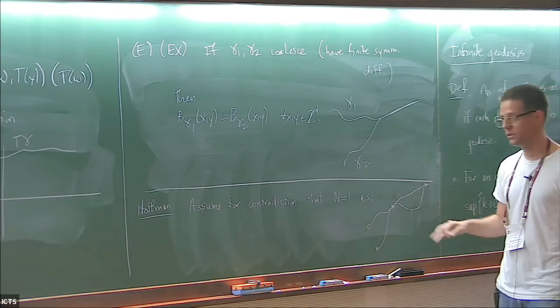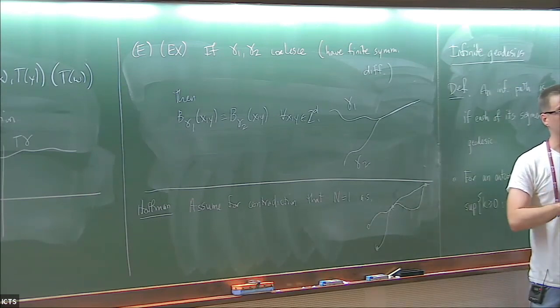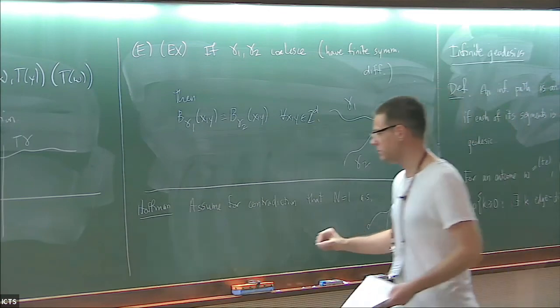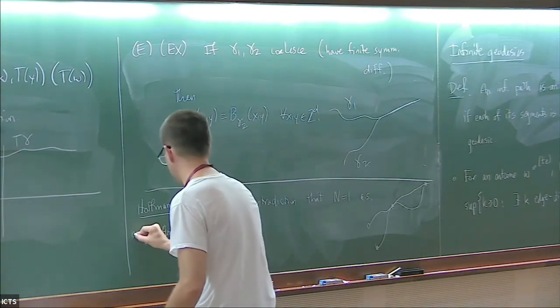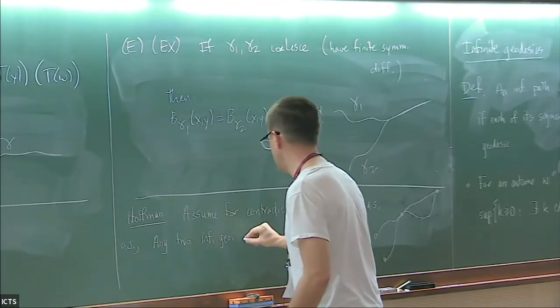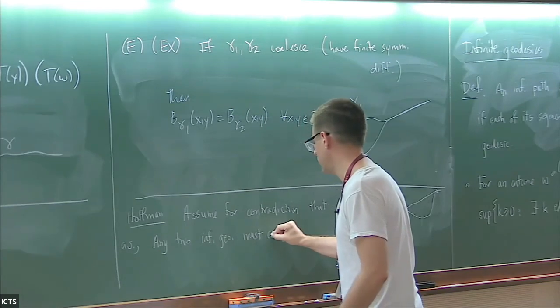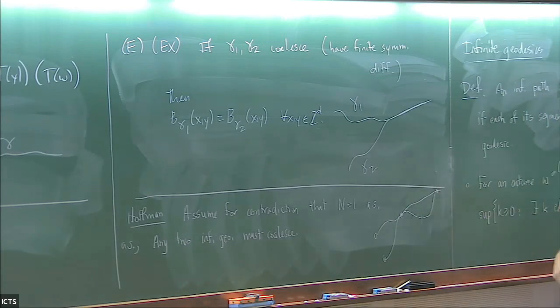So the result of this argument is that almost surely, any two infinite geodesics must coalesce. Well, that's nice because in the exercise, we have that the Busemann functions are the same. That means that I can just take any infinite geodesic I want, consider the Busemann function, and it doesn't depend on the geodesic that I chose.